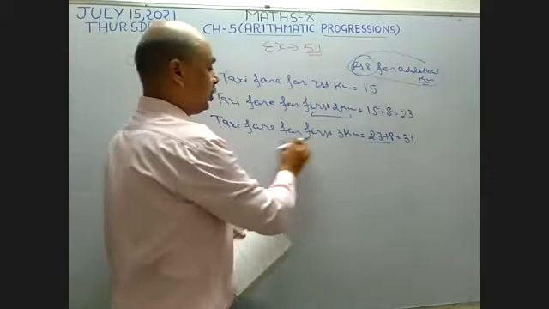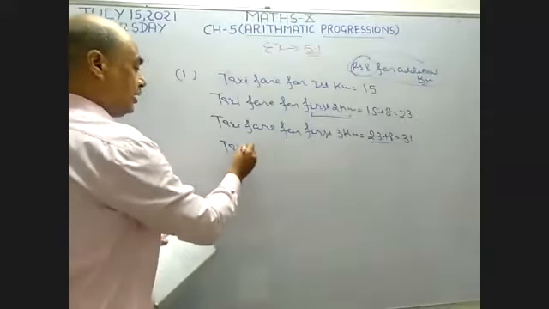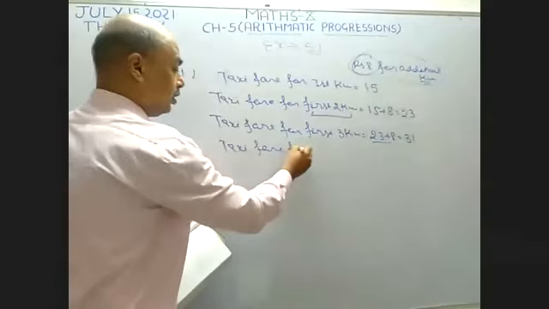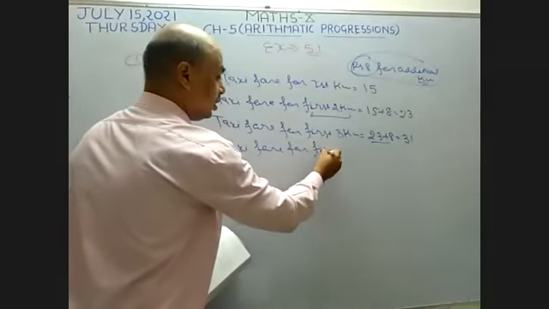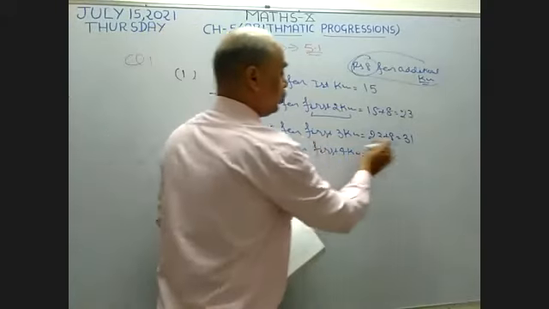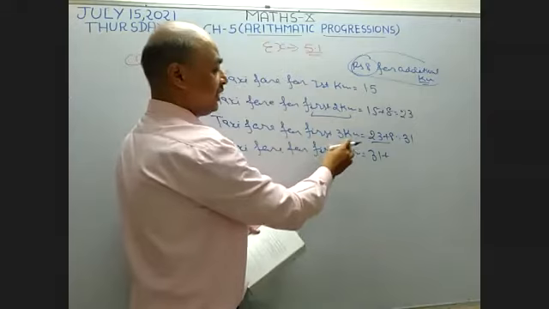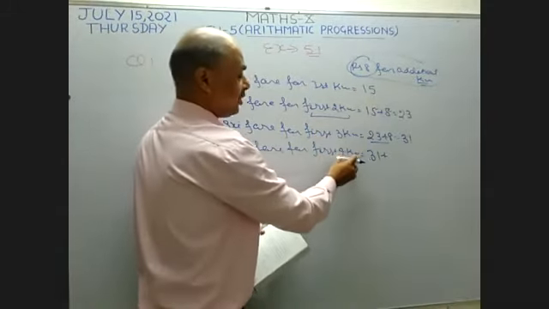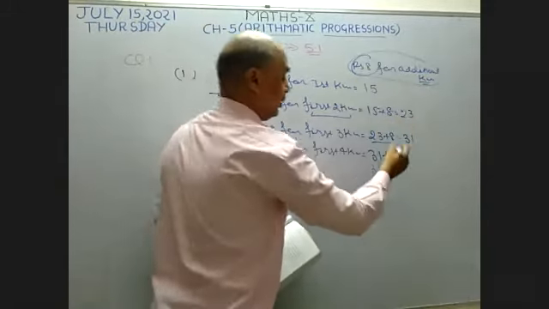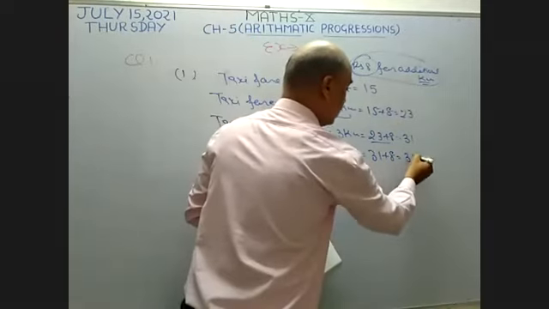For the first 3 kilometers, he is going to pay rupees 31. In the same way, taxi fare for the first 4 kilometers. For the first 3 kilometers, he pays rupees 31. Now for the additional kilometer, 1 kilometer extra, he is going to pay rupees 8 again. So for 4 kilometers, he is going to pay rupees 39.